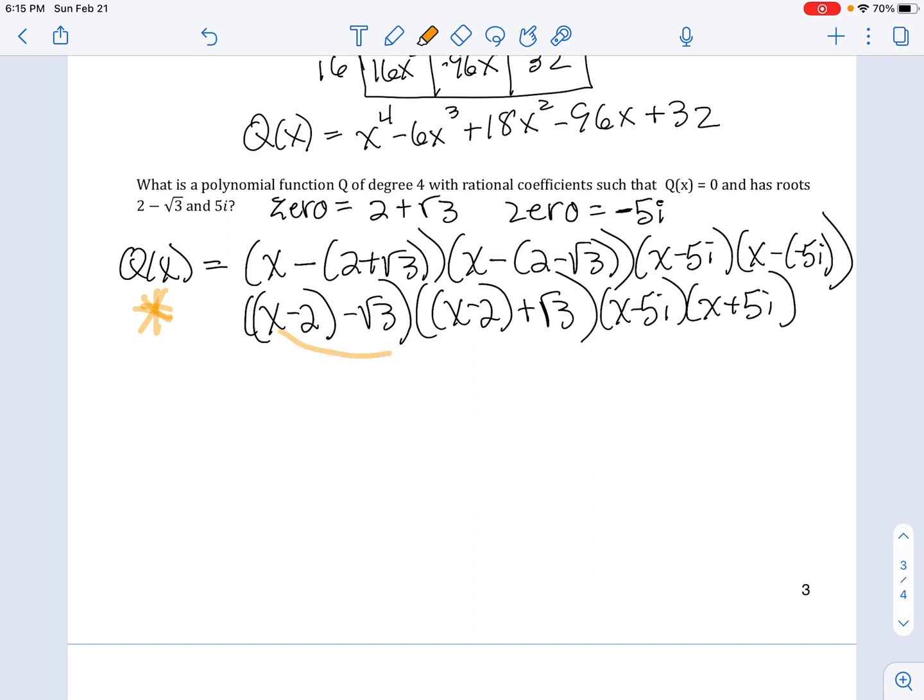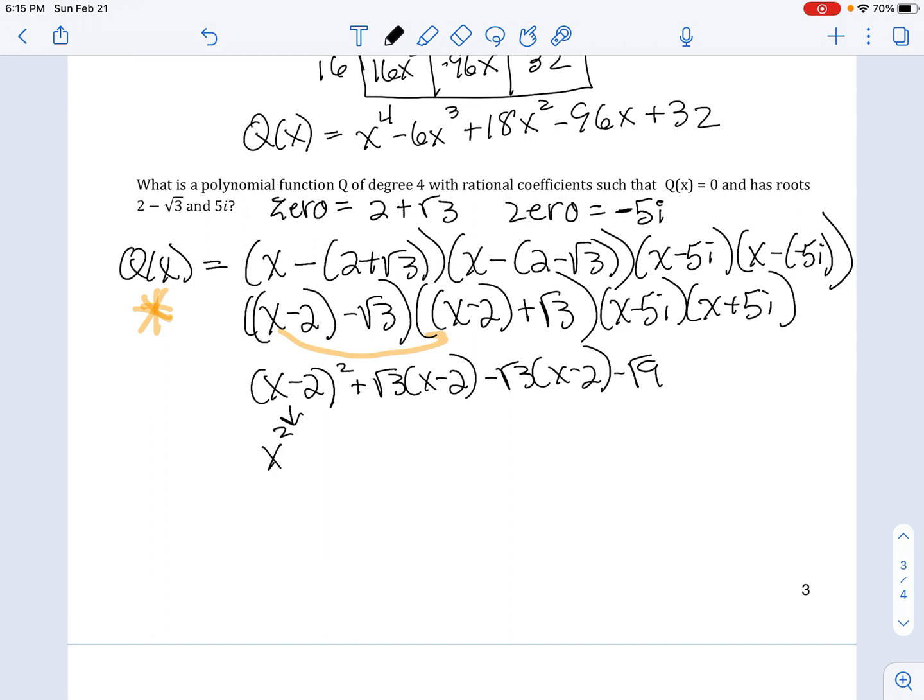Okay, now we're going to just do our normal FOIL here. So that's going to be x minus 2 squared, and then plus root 3 times x minus 2, minus root 3 times x minus 2, minus root 9. That's going to be x squared minus 4x plus 4. These guys are going to drop out, minus 3.